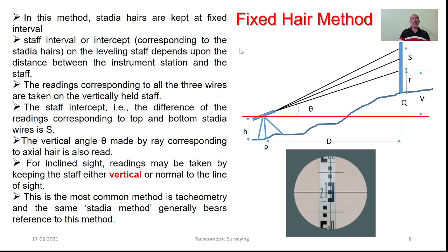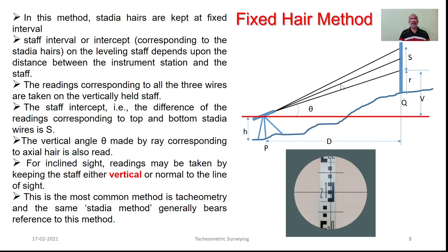The staff intercept, that is the distance between the two staff readings corresponding to upper stadia and lower stadia, is regarded as S, which is nothing but this staff intercept. Here, as you see, this is the axial hair. So the line of sight corresponding to that particular axial hair helps us to measure this particular vertical angle theta.